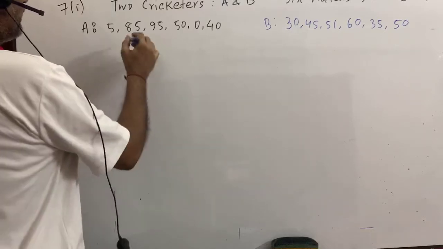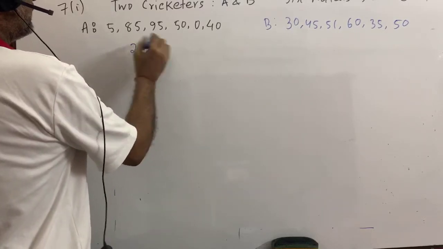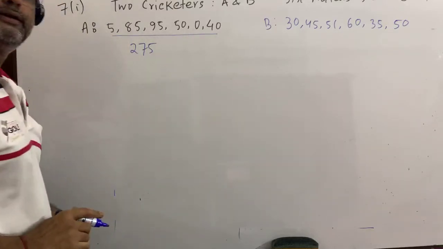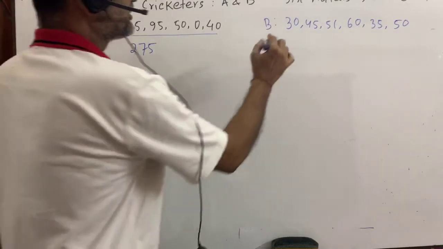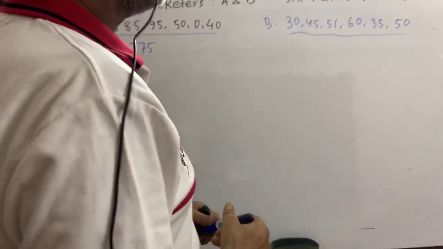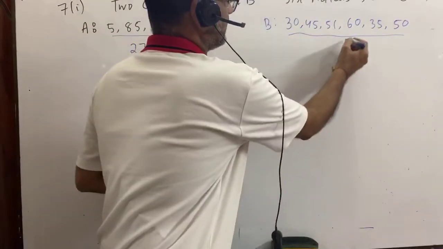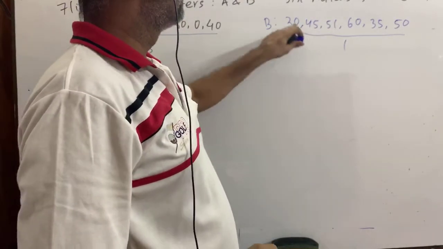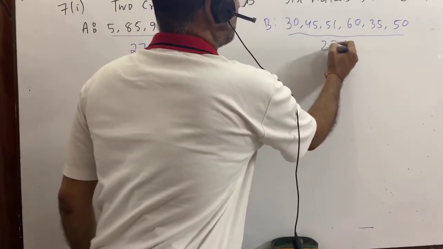The sum of the scores is 275, right? And here the sum of the scores is 271.